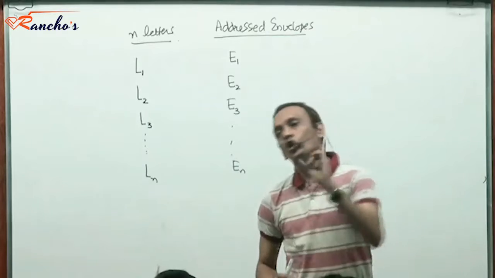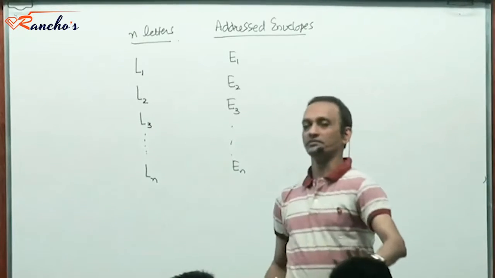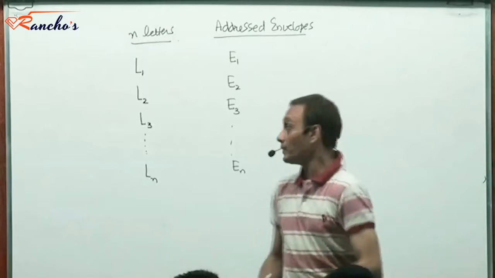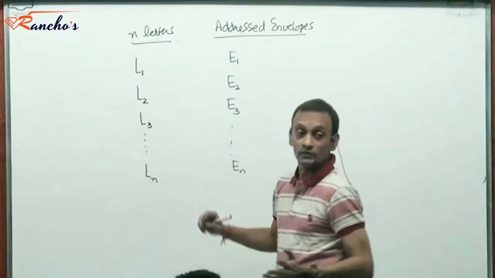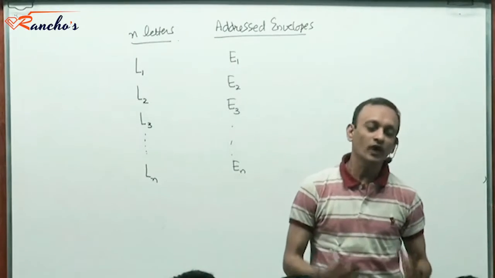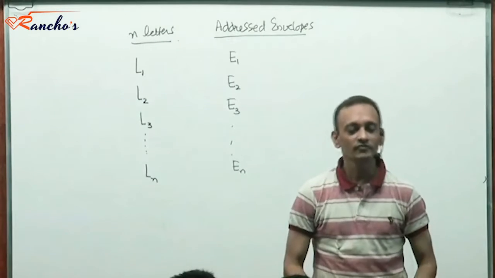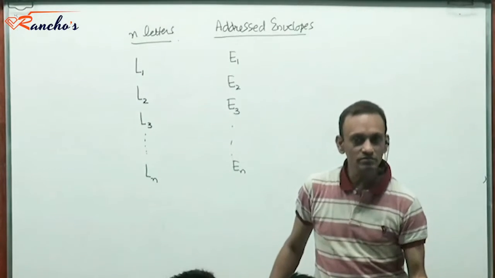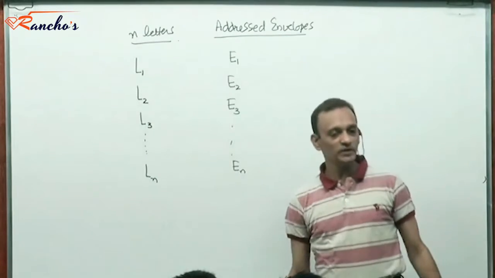Now, I want no letter to go into the right envelope. L1 to not enter E1, L2 to not enter E2. I mean, it's possible. If you allow me to communicate for some time, then I will also listen to you and address your queries. So let me just spell out a few things and then your concerns will be looked into.